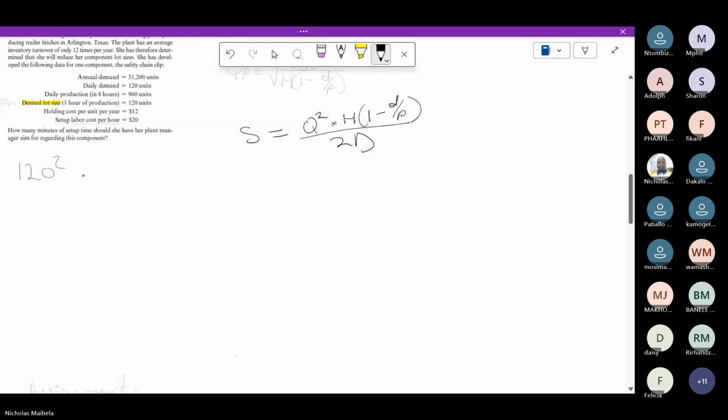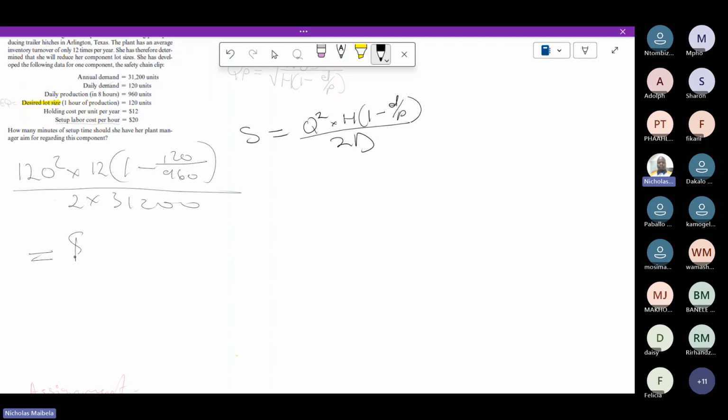120 squared multiplied by the holding cost of 12, open bracket 1 minus 120 over 960, close bracket, over 2 multiplied by 31,200. Can I have my answer?